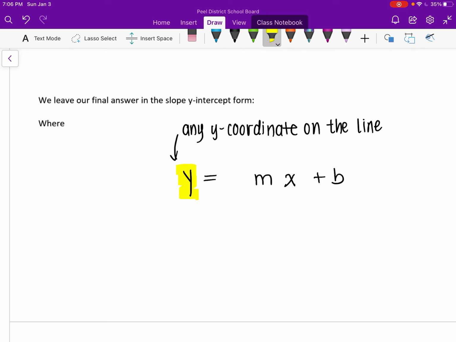I'm going to change the color here. x represents any x coordinate on the line.